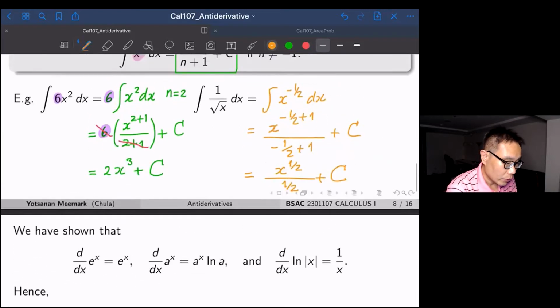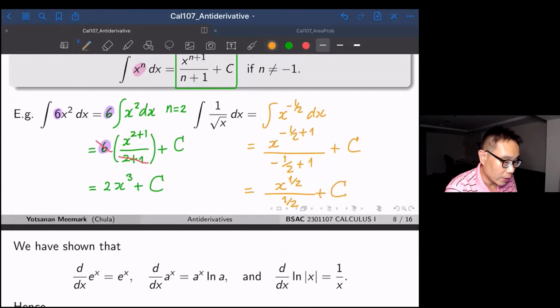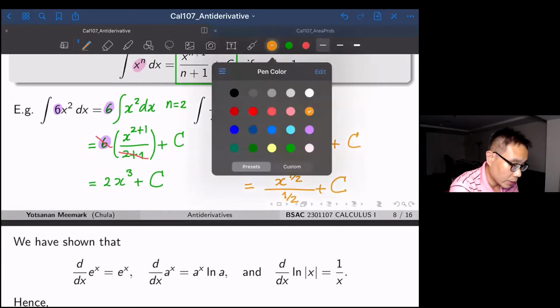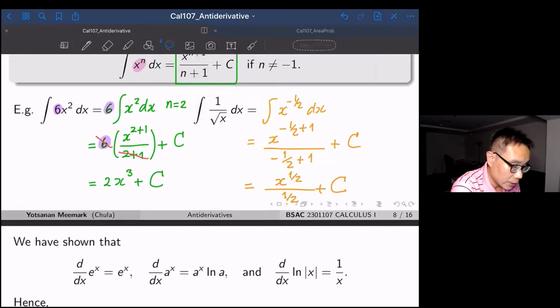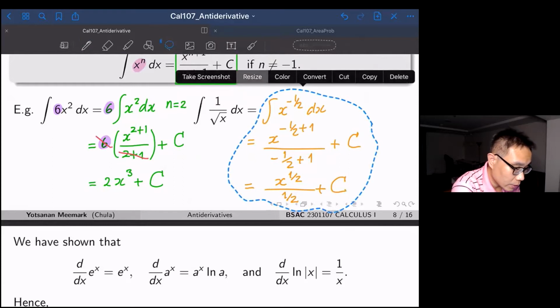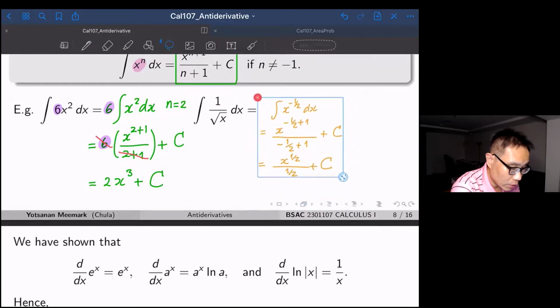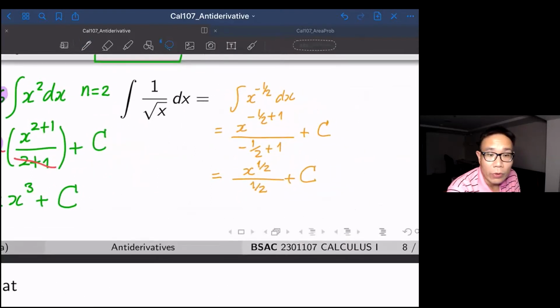So this one will be kind of important. Let me write this one down a little bit. So for this one, the integral of 1 over root x turns out to be just 2 root x.